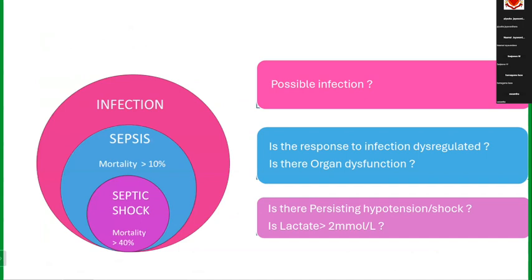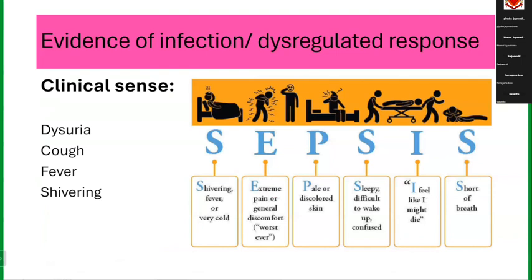Now, not all patients with infection go into sepsis, only part of them. To find sepsis, the patient needs to have a dysregulated response as well as organ dysfunction. How are you going to objectively say the patient has organ dysfunction in addition to a probable infection? First, you have to have a clinical sense.